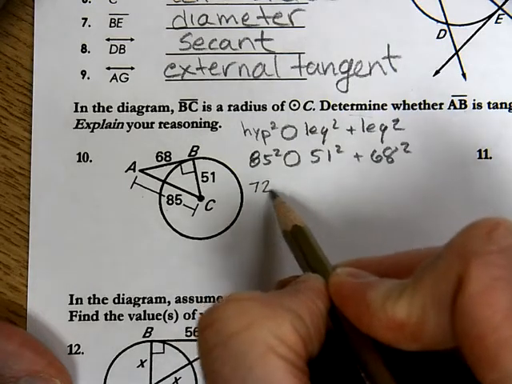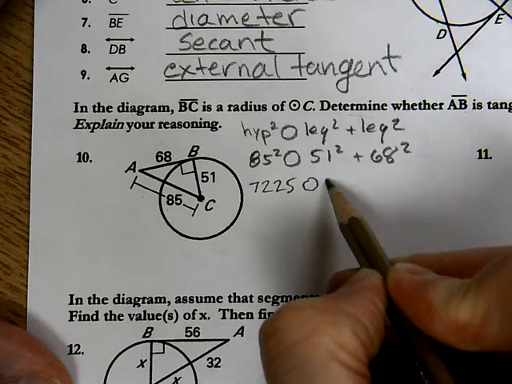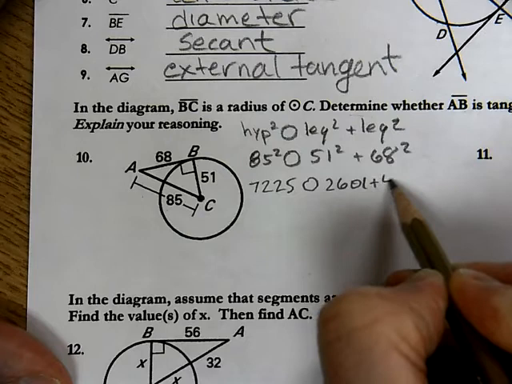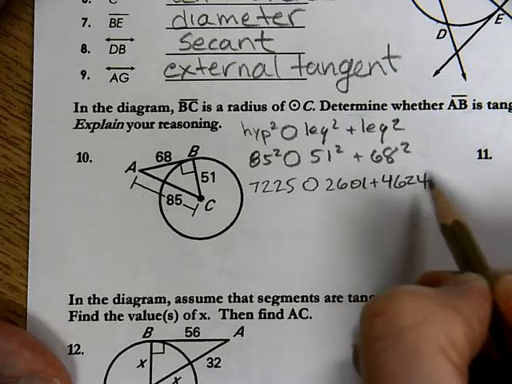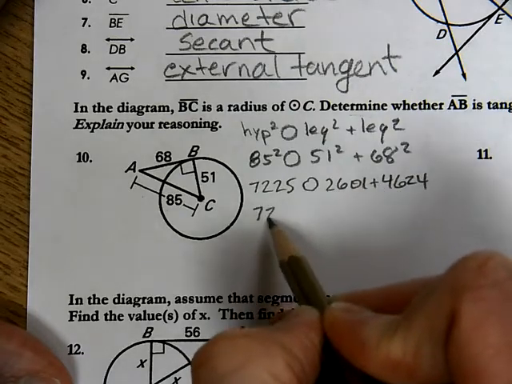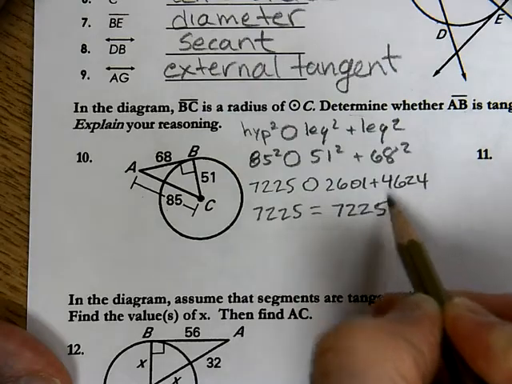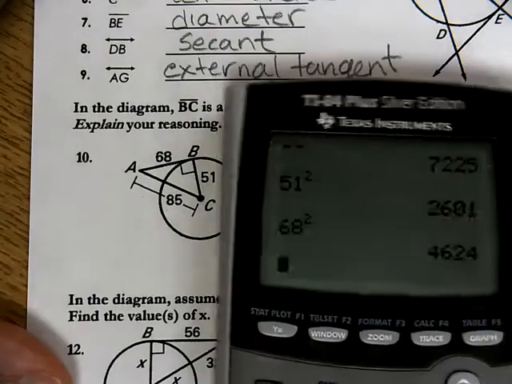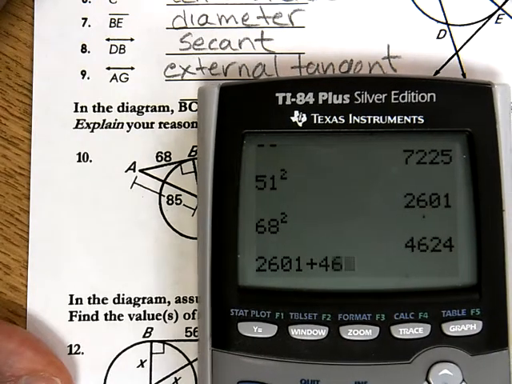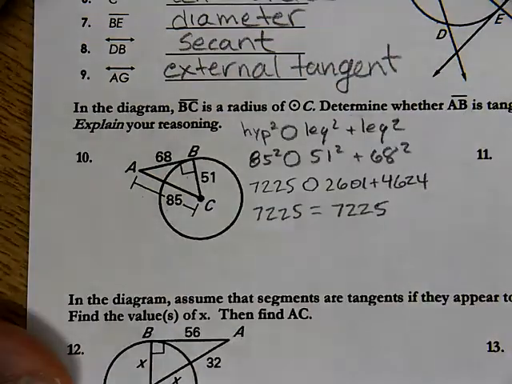So we have 7,225, and we're going to compare that with 2,601 and 4,624. So when we add these two together, it's going to equal 7,225. 2601 and 4624 is 7,225.